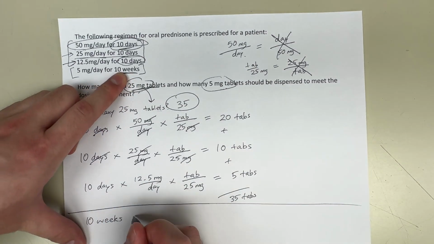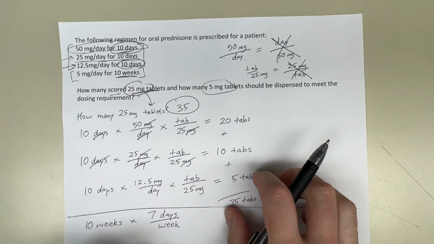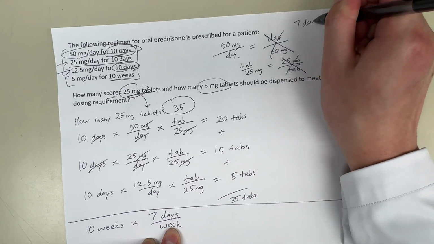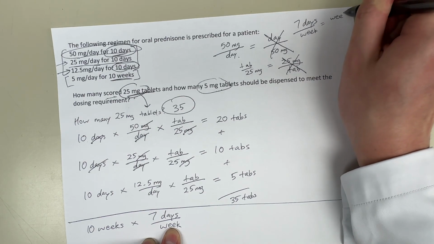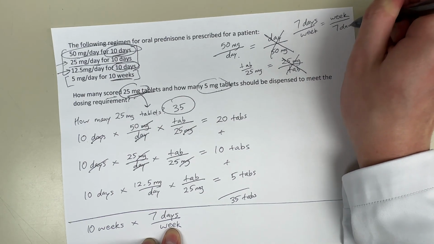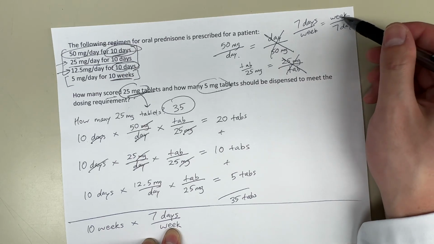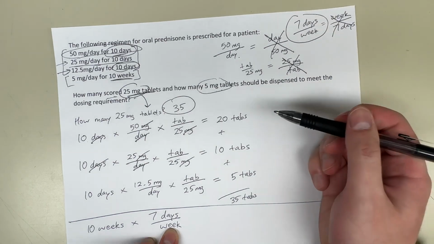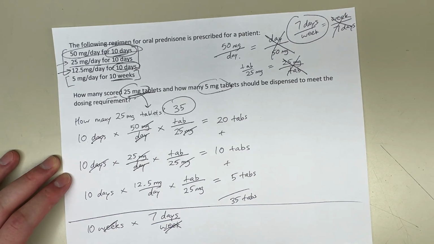There are 7 days in 1 week. I could have also written this as, for every week there's 7 days. These two mean the same thing, but I use this one because I want weeks to cancel out with weeks here. So I have days.